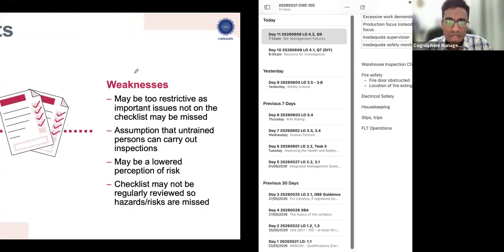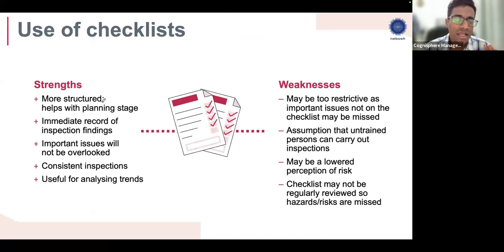So some of the strengths of a checklist is, it is more structured, helps with the planning stage. So as an inspector, I know what are the areas that I would be checking. Immediate record of inspection findings.